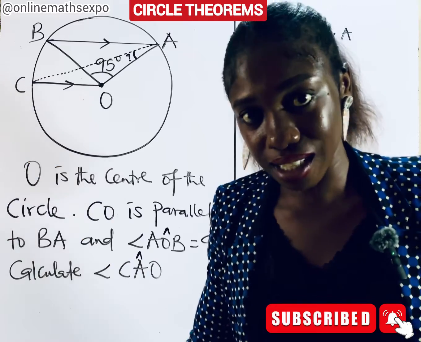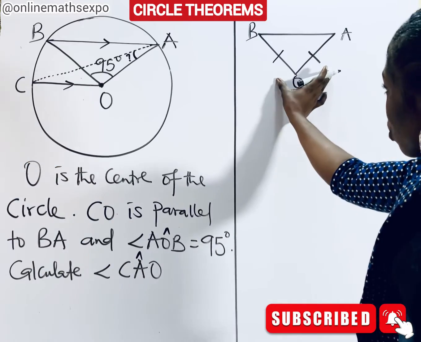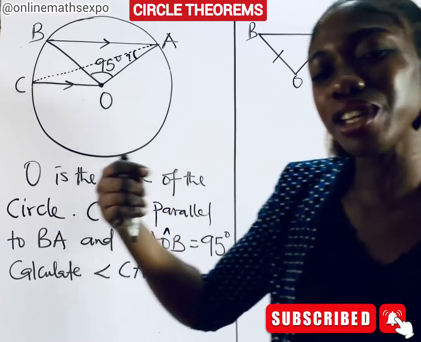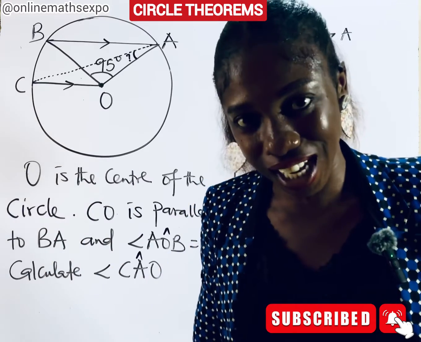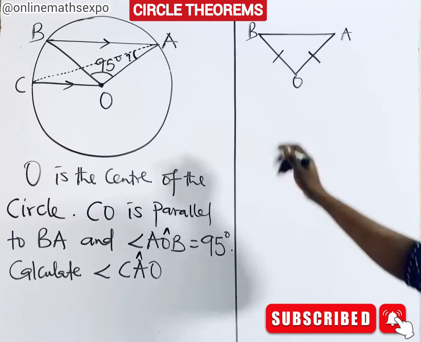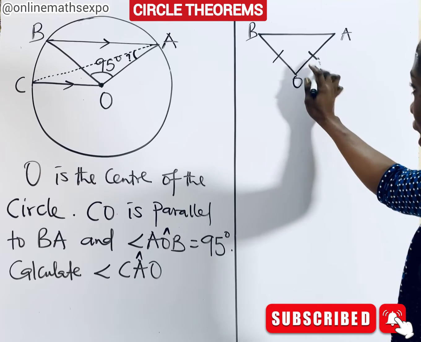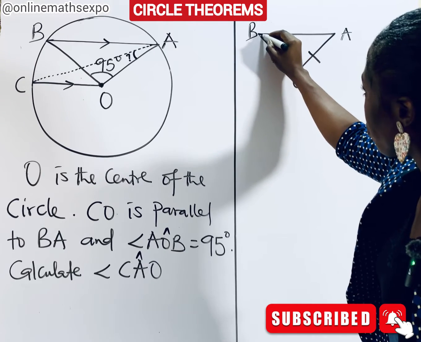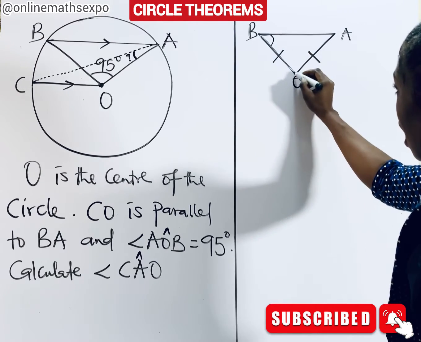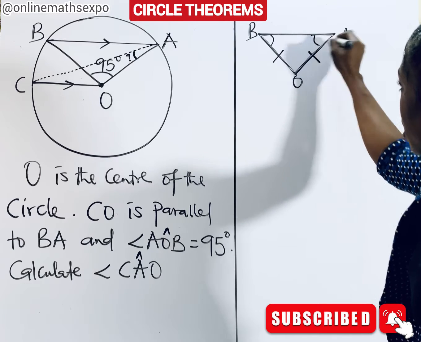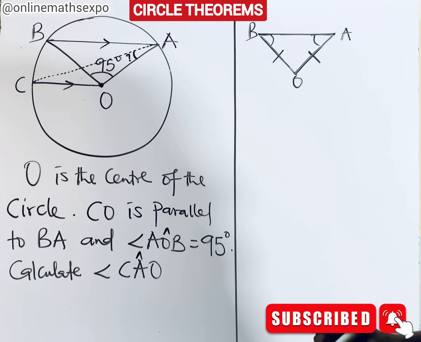The radii are the same. So if this happens in a triangle, it reminds you of a type of triangle we call isosceles. For isosceles, these two sides are equal, and the angles they form at the base, for the equal sides, are always equal too. We call them base angles.